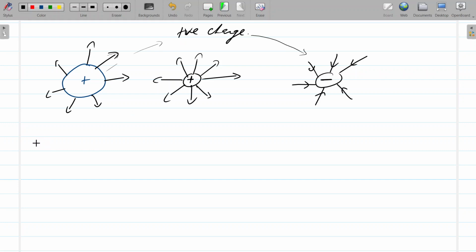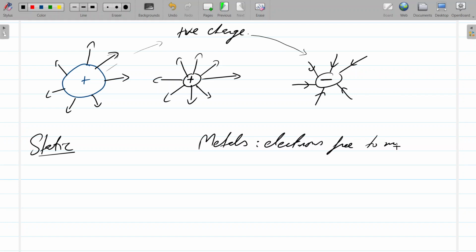Now, lastly, we talked about static electricity. Why is it called static? Because in metals you have electrons that are free to move about. We talked about that. Static electricity is something you experience with non-conductors, like plastics. Plastics are non-conductors; in fact, they're insulators.